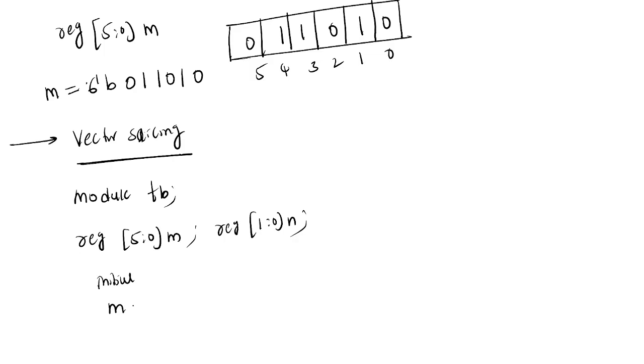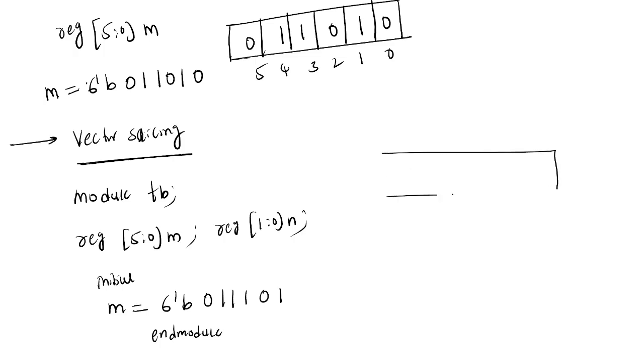Initial m equal to, let us take 6'b011101; end module. So here a total of 6 bits are there, 0 1 1 1 0 1.